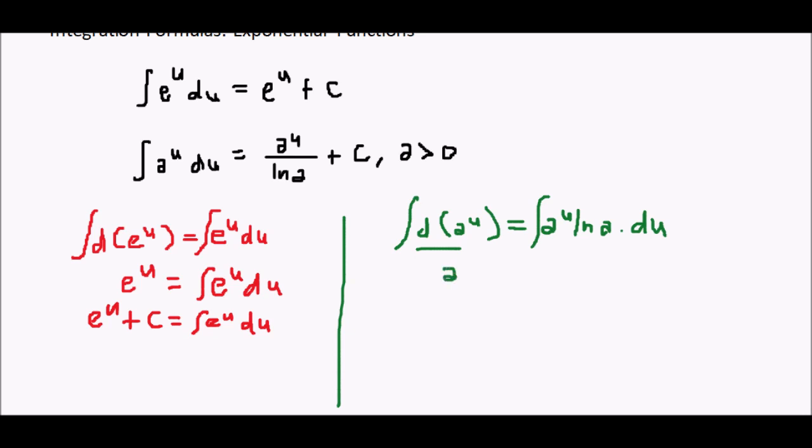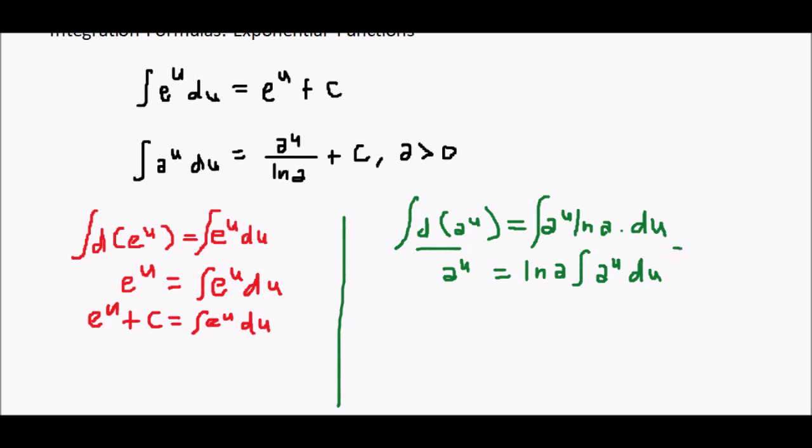Then because this ln a has no u, it can be considered a constant. So ln a, we put that outside our integral, the integral of a to the u du.